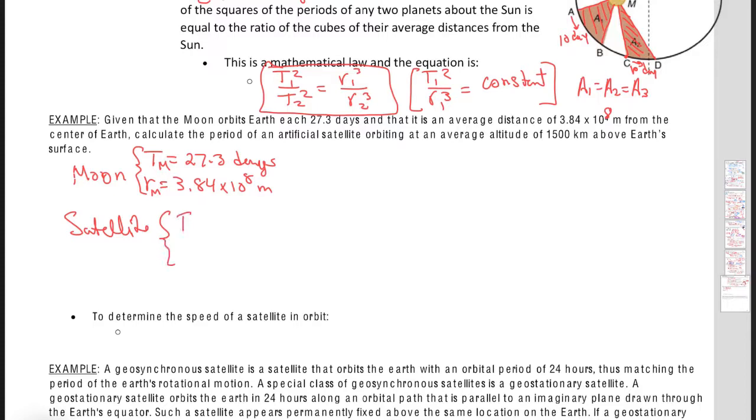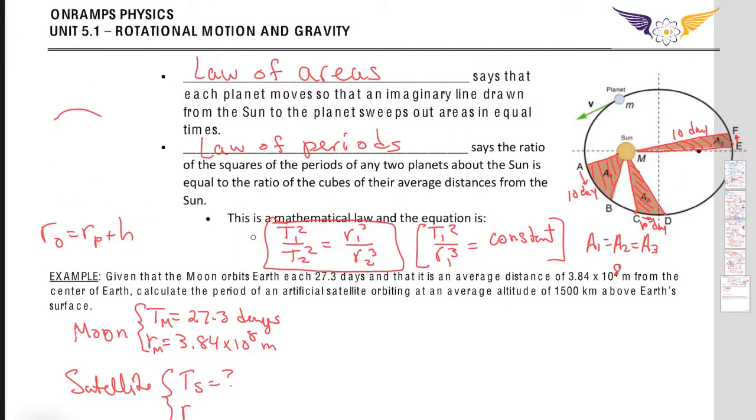Now this is where it gets a little complicated, especially when we talk about planets in orbit. The measurements are from the center of the Earth. So if I have my Earth here, I have the radius of the Earth or the planet, and then if my satellite is sitting out here, a height off of it, I end up with this equation down here, and that's the radius that we're looking for.